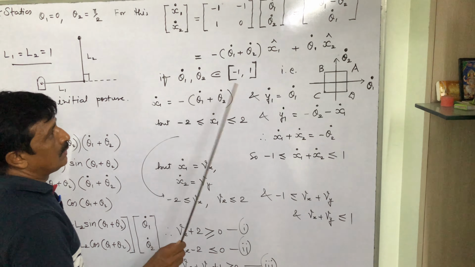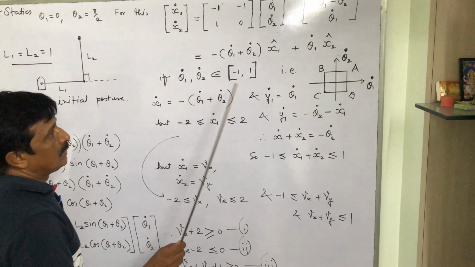And y1 dot is theta 1 dot, and from this, theta 1 dot is minus theta 2 dot minus x1 dot. Using this we can replace theta 1 dot by minus theta 2 dot minus x1 dot.